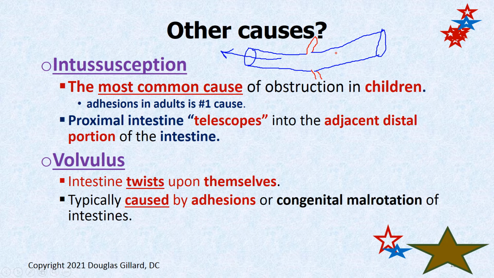And then we have peristalsis going on. So what happens is this piece of intestine starts to go down inside this piece of intestine. And it's still open. So this is the new look. This intestine has ferreted into this intestine. And that's what an intussusception is.